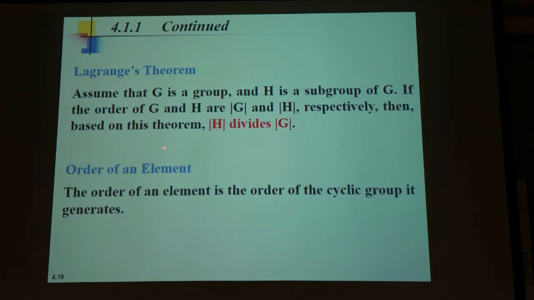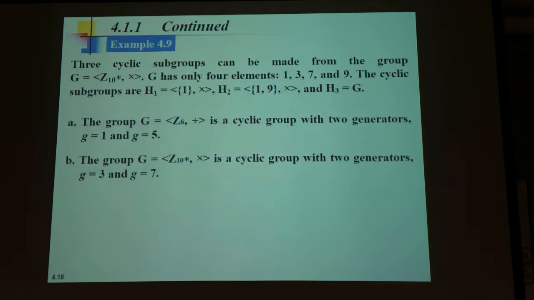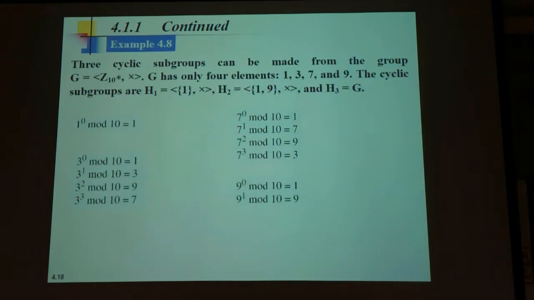Then based on this theorem, the order of H must divide the order of G. Let's go back to our example. What's the order here? 2. What's the order of G? 4. 2 divides 4. 4 divides 4. 1 divides 4.